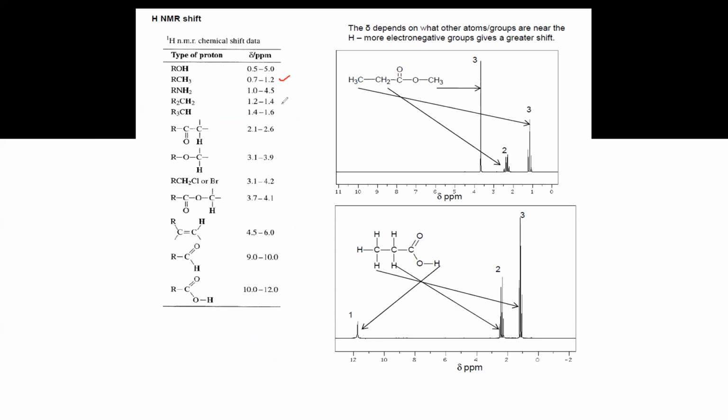For CH2 it is from 1.2 to 1.4, and for CH it is 1.4 to 1.6. But if you check alkene hydrogen, the chemical shift is from 4.5 to 6.